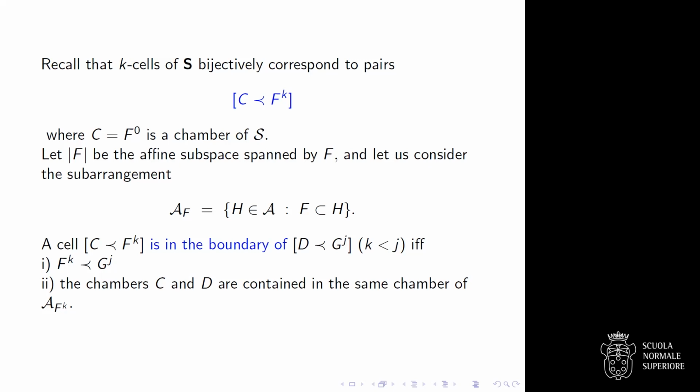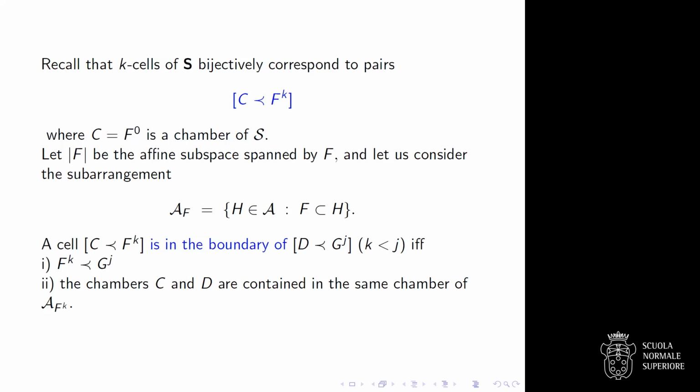F2 is contained in the closure of all those walls. So each one of these will provide to us a face for one cell in the boundary.